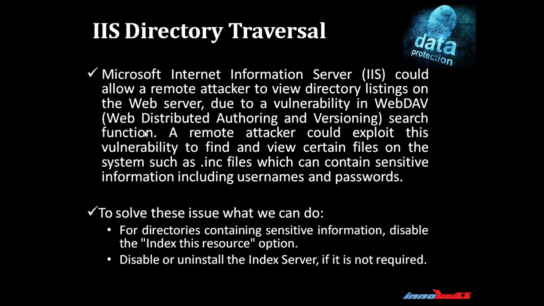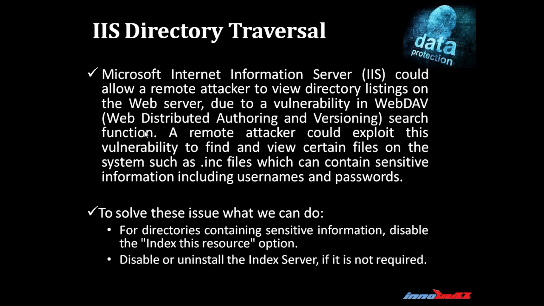Now let's see IIS directory traversal. Microsoft Internet Information Server could allow a remote attacker to view directory listings on the web server. Due to a vulnerability in the Web Distributed Authoring and Versioning search function, known as WebDAV, a remote attacker could exploit this vulnerability to find and view certain files on the system, such as .inc files, which can contain sensitive information including usernames and passwords.